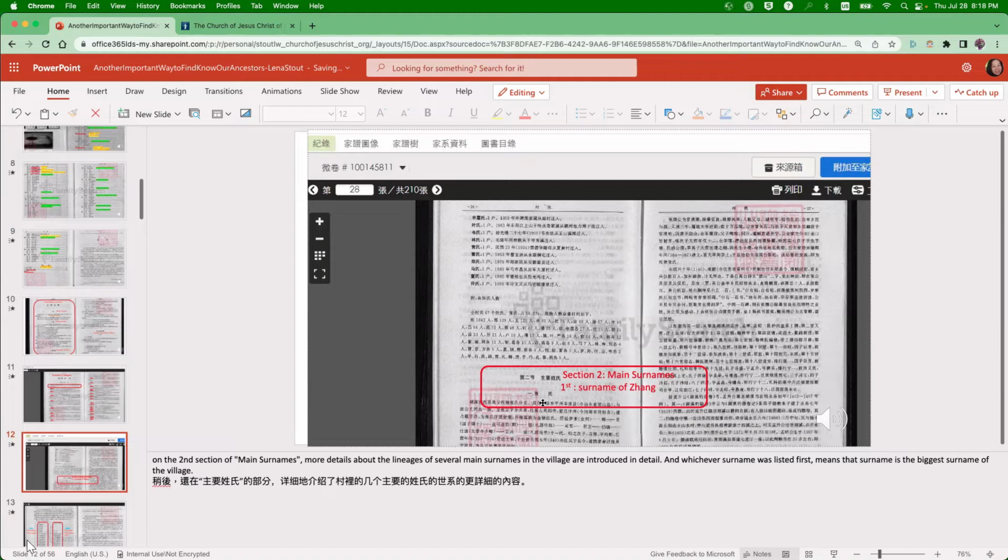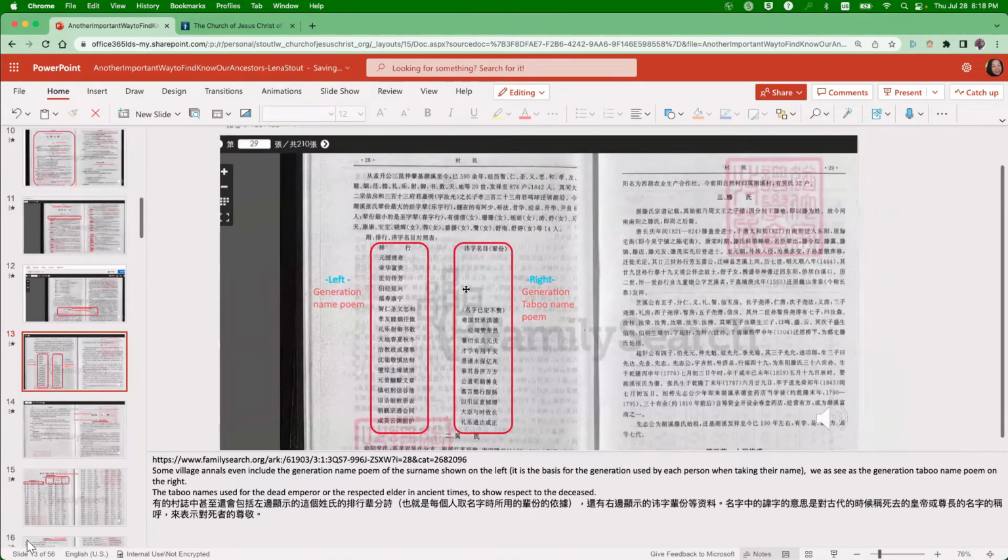So Zhang is the biggest surname in this village. And then they tell you this surname's information in great detail. Did you see those characters there? They also mention these generation poems right here.